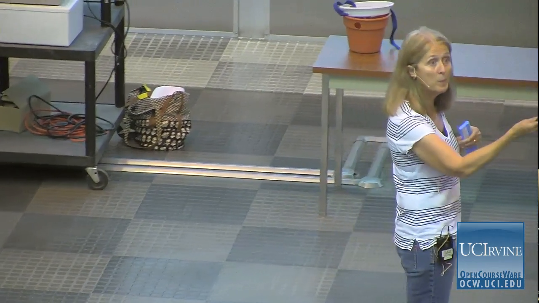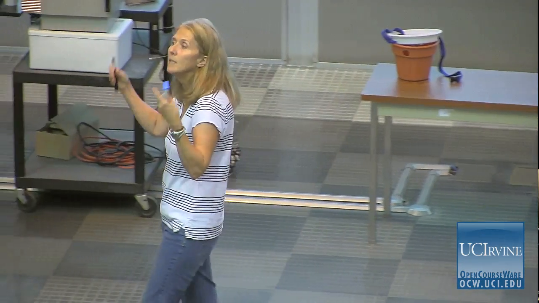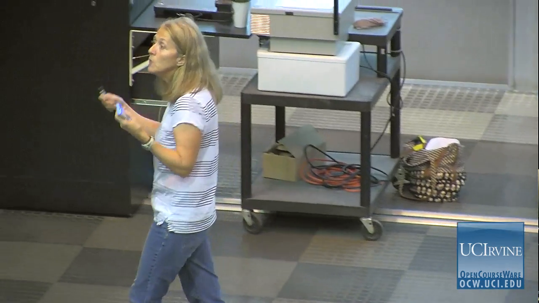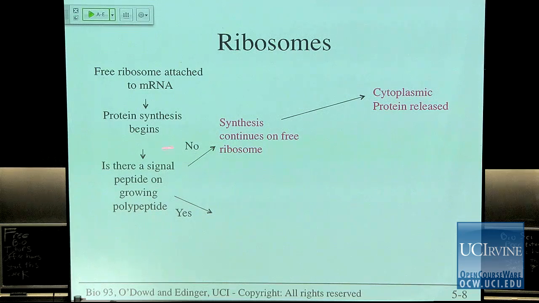So we have tubulin that makes up microtubules. We have actin that makes up actin filaments, right? So those are all cytoplasmic proteins. Okay, so they're made on free ribosomes, they start on free ribosomes and they finish on free ribosomes.